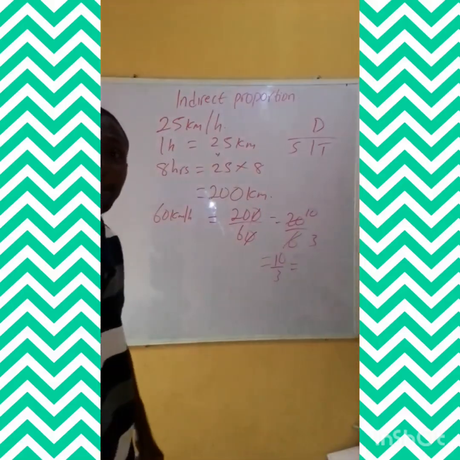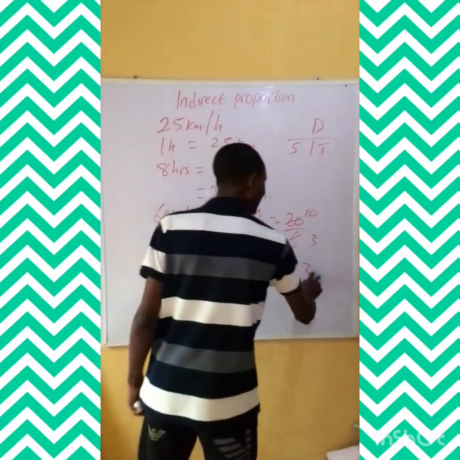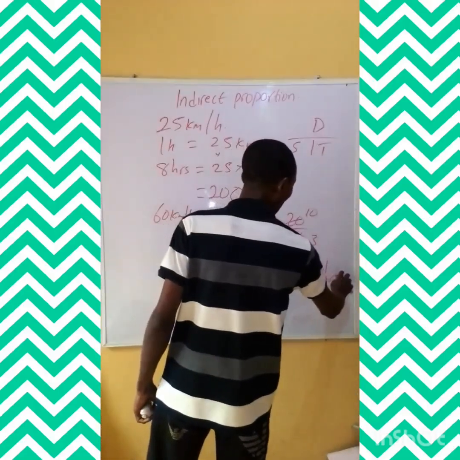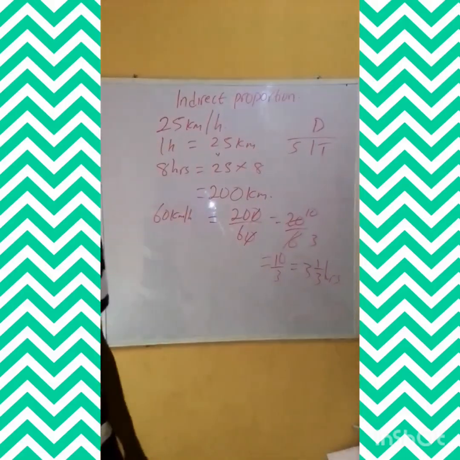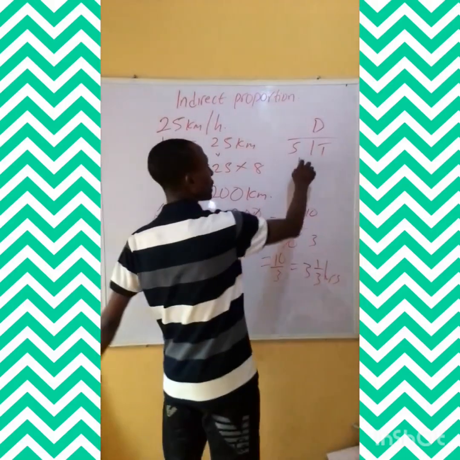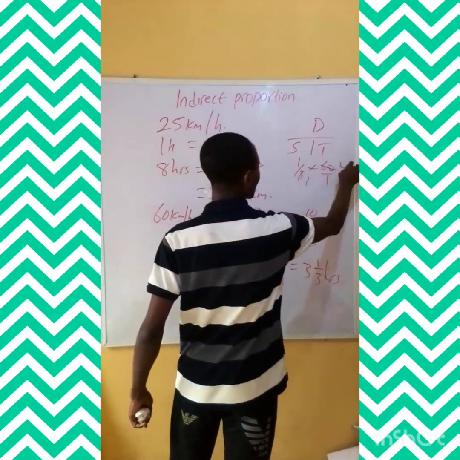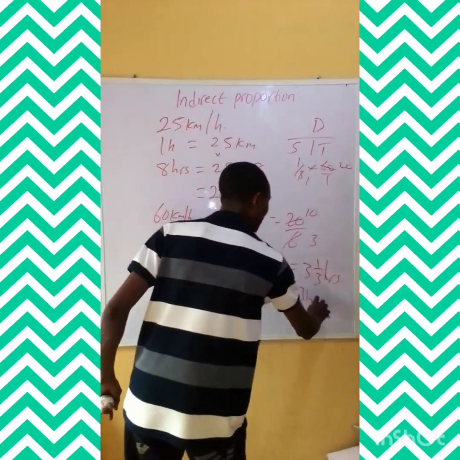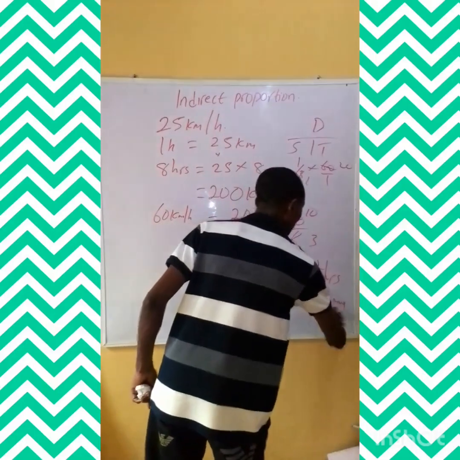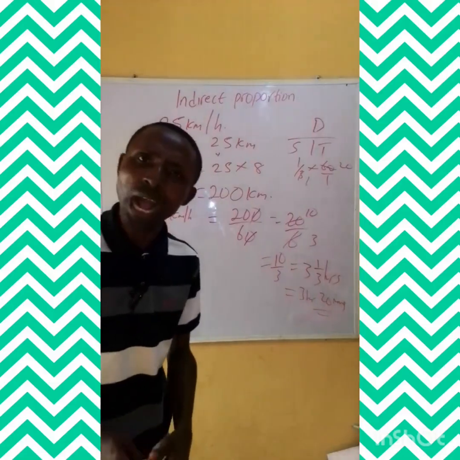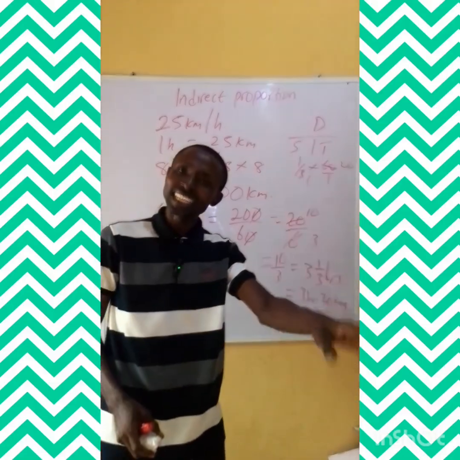Take it to a mixed fraction. 3 in 10 is 3, remainder 1 over 3 hours. 3 1/3 hours. What is 1/3 hour? 1/3 times 60 minutes. 3 here 1, 3 here 20. So it will cover 3 hours, 20 minutes. Cycling at 25 kilometers per hour, he gets there in 8 hours.